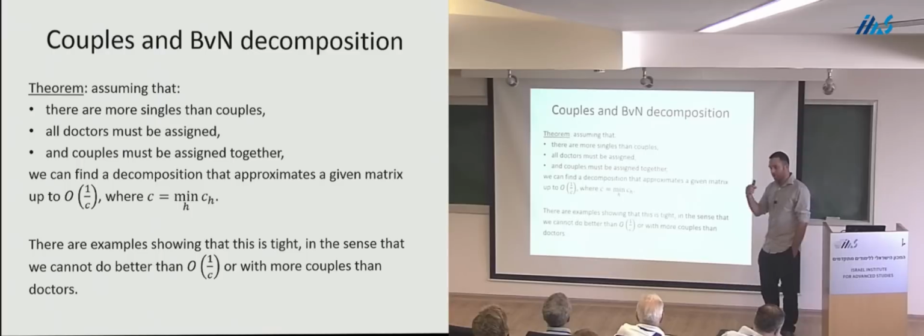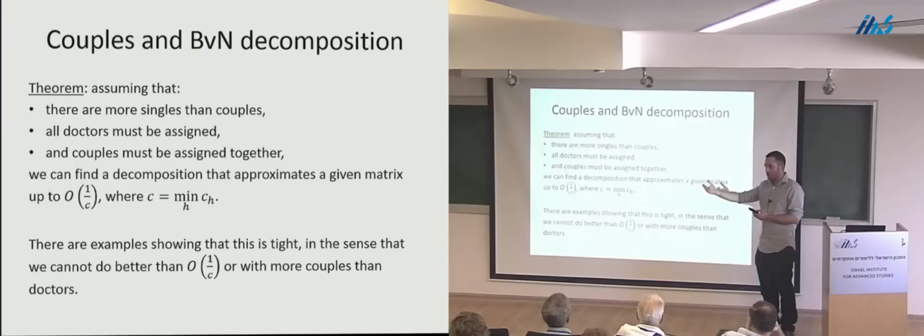Okay, look at all the capacities, look at the smallest capacity. We can approximate to that extent, which means that I'm going to give you a lottery over deterministic assignments such that if you compute the probabilities that each agent gets, they are very similar to the probabilities that they were assigned, up to 1 over C.